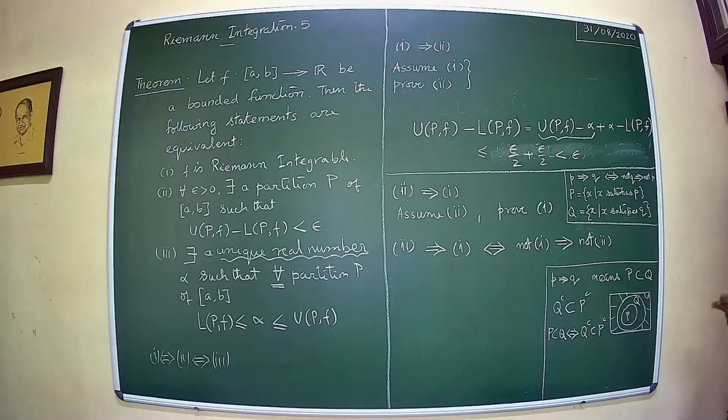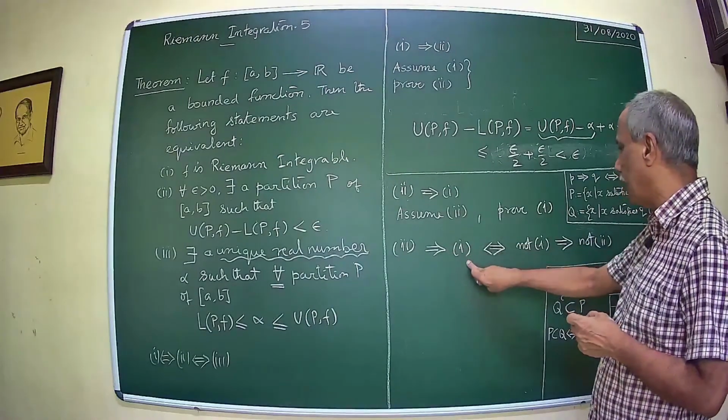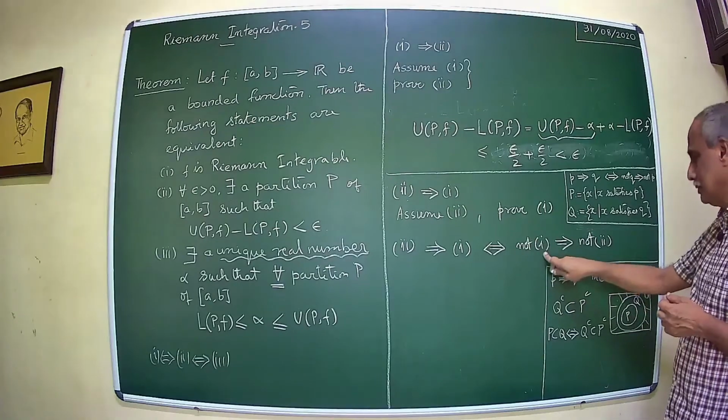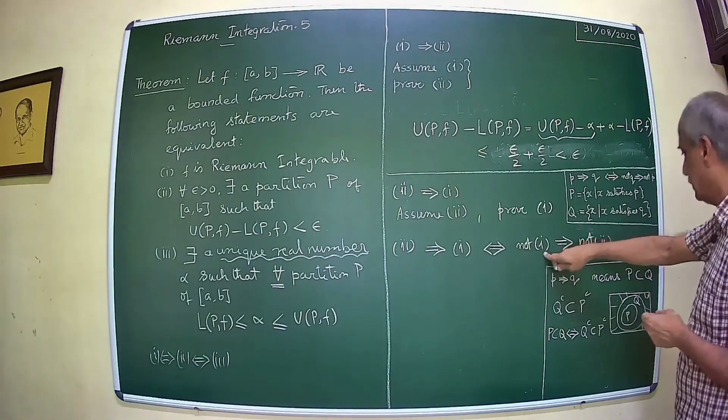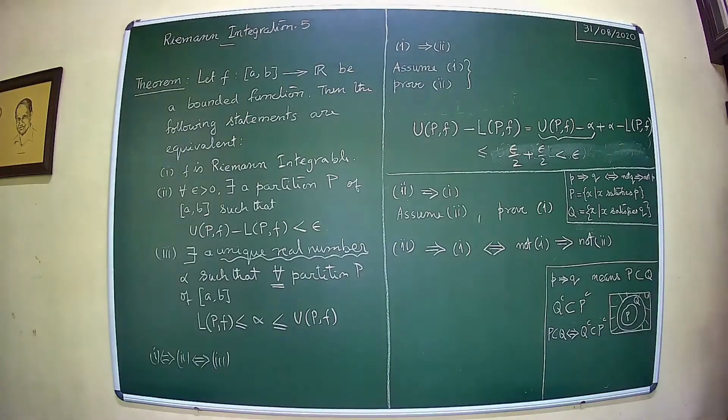Therefore, if you want to prove 2 implies 1, you prove that the negation of 1 implies the negation of 2. Okay? So let us start working on that.